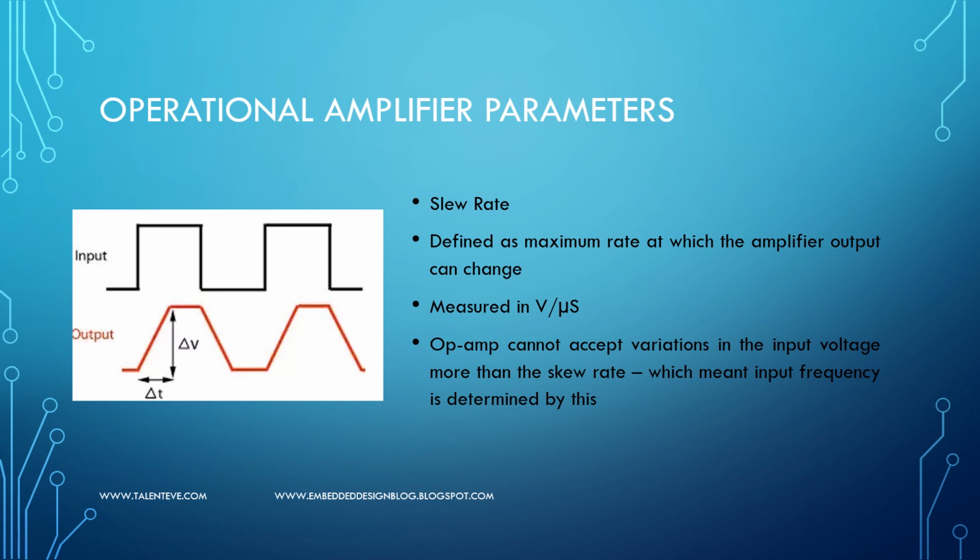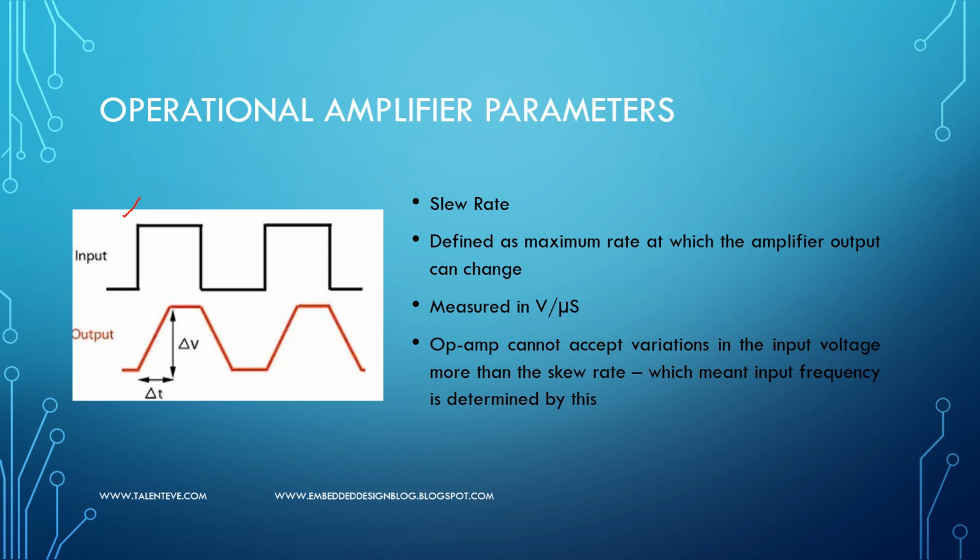Slew rate defines the rate at which the output of the operational amplifier can change. For example, if you see here, we have given an input of a square wave to this op amp, and you can see the output changes slowly, considering the slope delta V by delta T. Ideally, when you give an input like this, the output should also be a square wave, but it slowly rises and slowly falls.